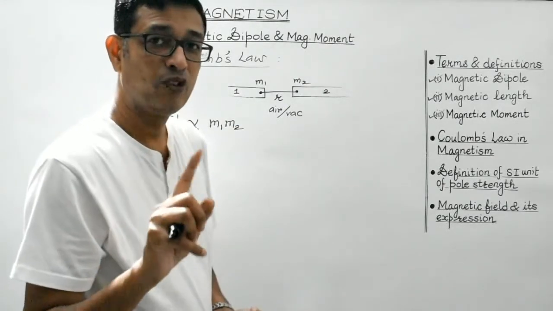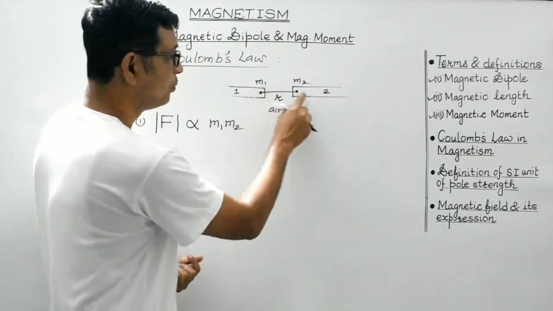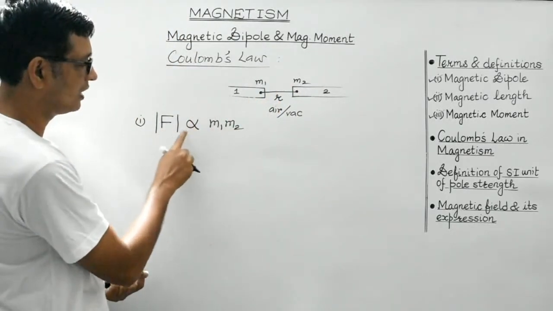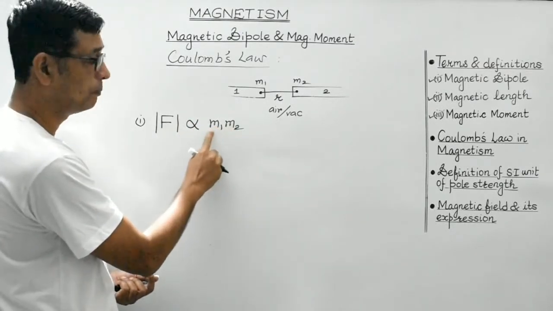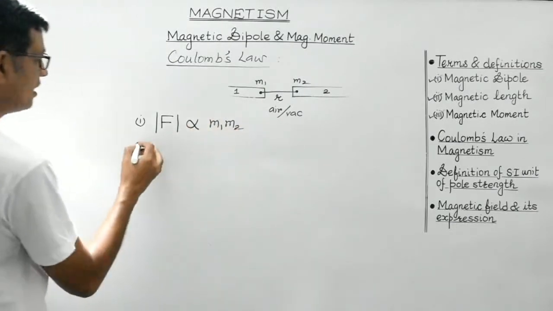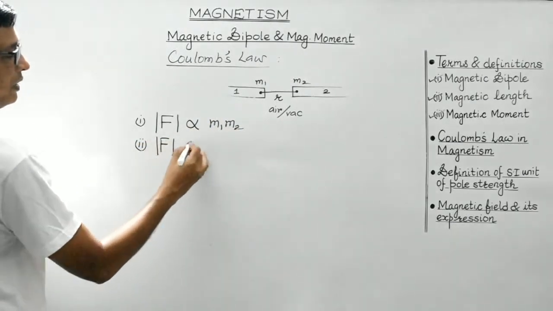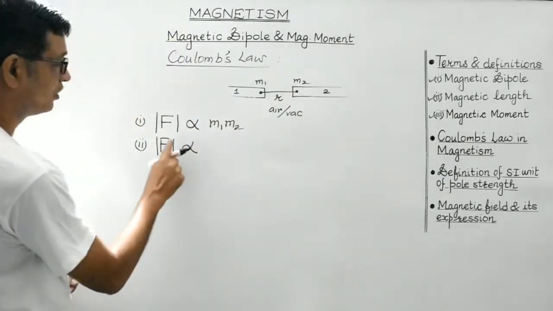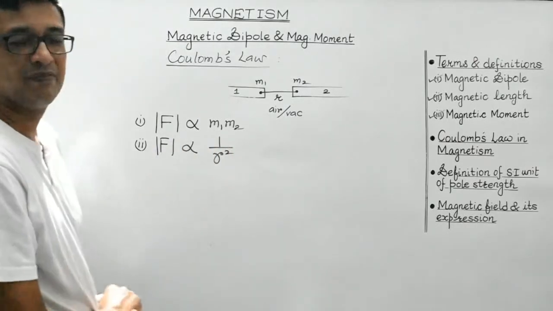Students, remember M1, M2 are the pole strengths of the 2 poles under consideration. And it obeys the inverse square law, which means the magnetic force between these 2 poles is inversely proportional to the square of the distance between them.